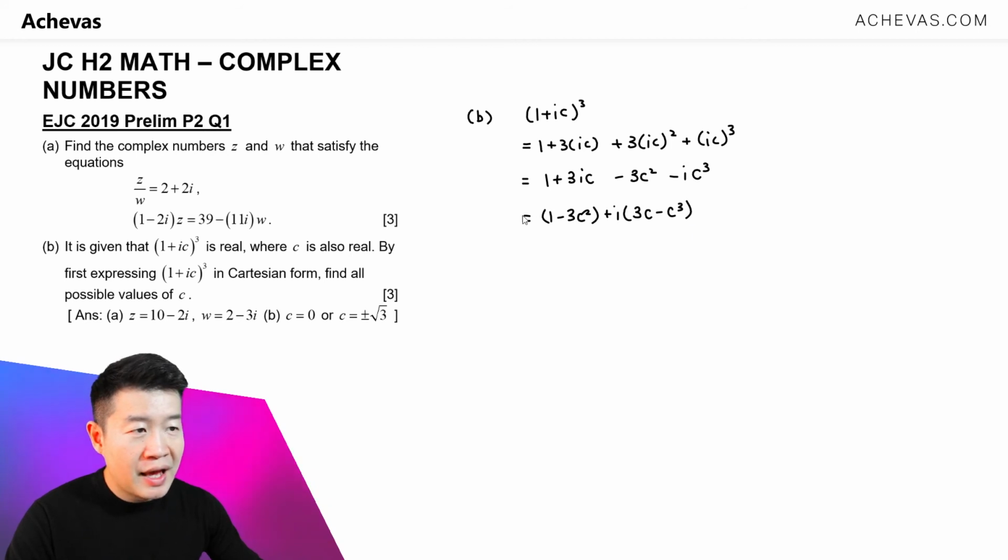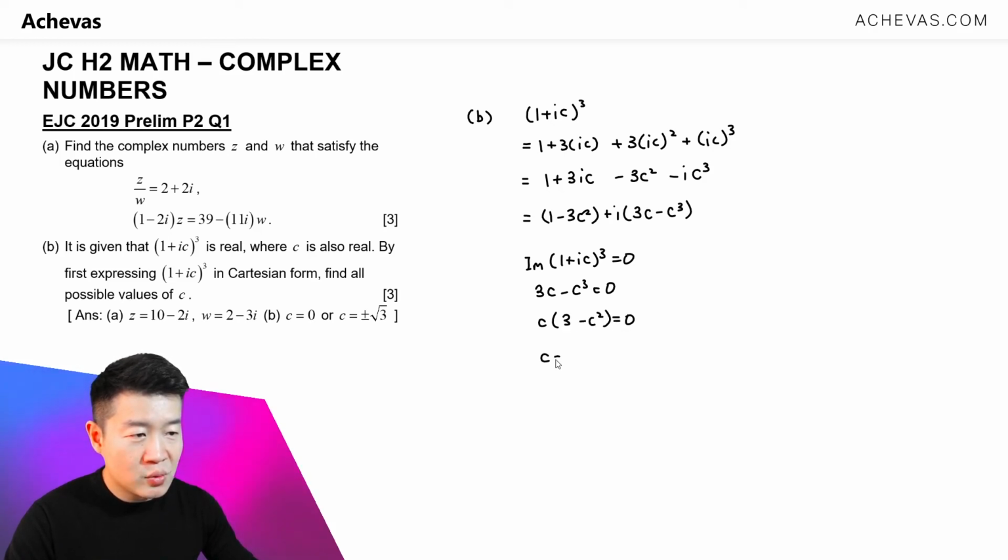Since the question says that this is a real number, the imaginary portion must be equal to 0. So we let the imaginary part of (1 plus ic) to the power of 3 be equal to 0. So 3c minus c to the power of 3 is equal to 0. Factorizing out c, we have c(3 minus c squared) equal to 0.